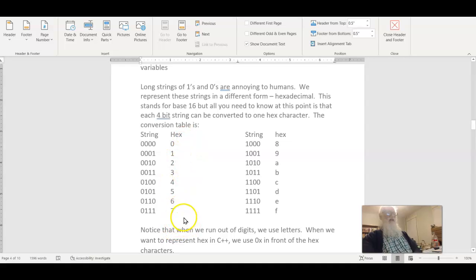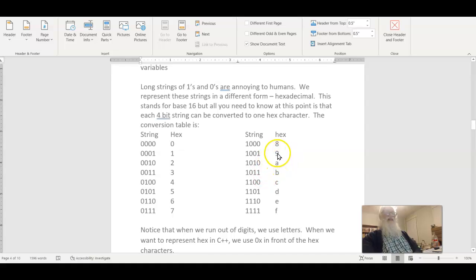In hex, we're going to use the powers of 16. So, for example, 6 is represented as 1 times 2 plus 1 times 2 squared, 4 plus 2, 6. 9 is represented as 1 times 2 cubed plus 1, or 9.